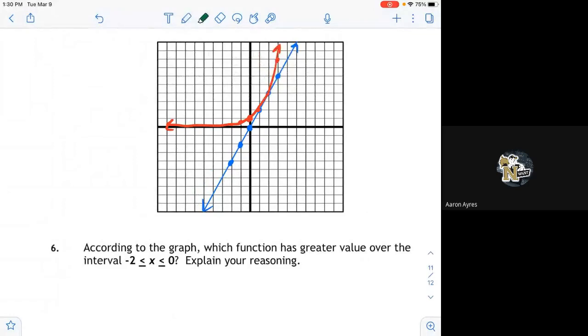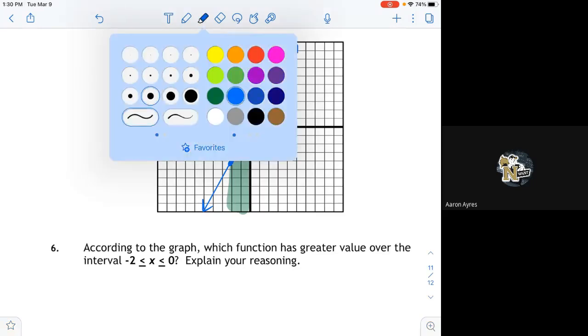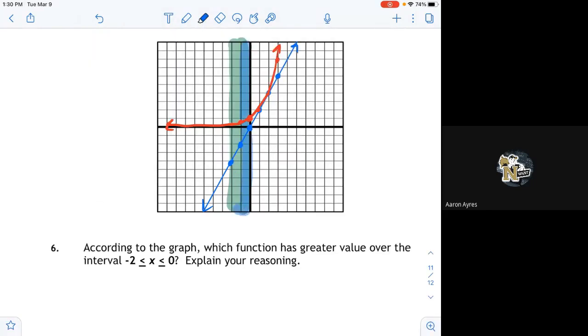So let's do yellows. Let's do blue and green this time. Have this half of the room talk. You guys are going to do problem 6, okay? So we're talking about the section from -2 to 0, right here. Okay, you guys have this section right here, okay? So this is blue and green, okay?